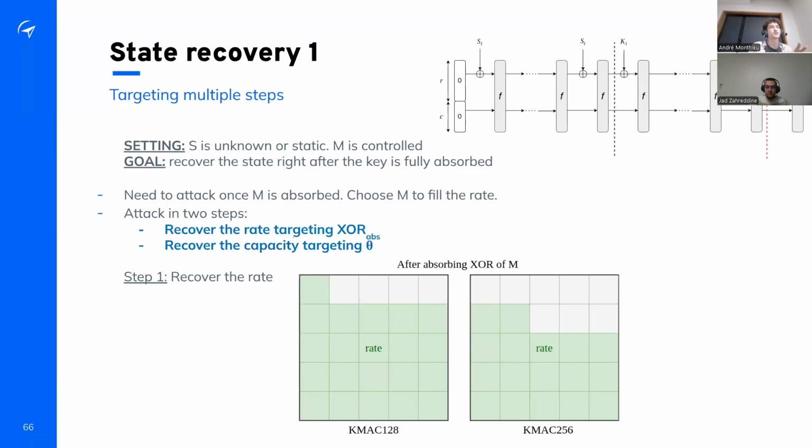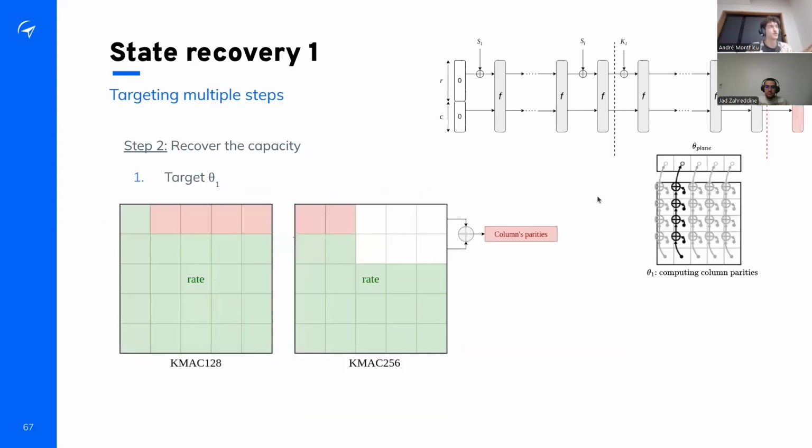And afterwards, to recover the capacity, you would be targeting the Keccak-f permutation. So in this first step, it is really straightforward. You attack the absorbing XOR and you recover the rates. All right, so as you can see on the pictures here, it makes up for the vast majority of the state already. So moving to step 2, which is to recover the capacity, we're going to be first targeting theta1 as it is the first operation being performed.